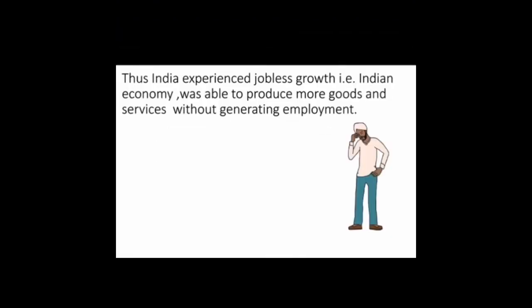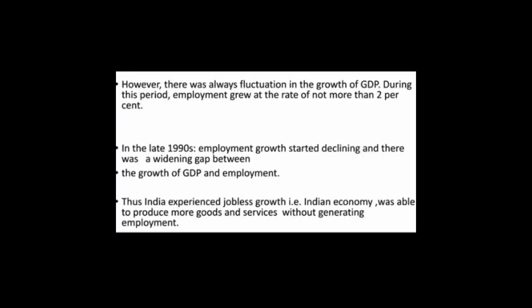Thus, India experienced jobless growth, that is, Indian economy was not able to produce more goods and services without generating employment. This is the analysis of the diagram that we had done. There are fluctuations in the growth of GDP during this period.